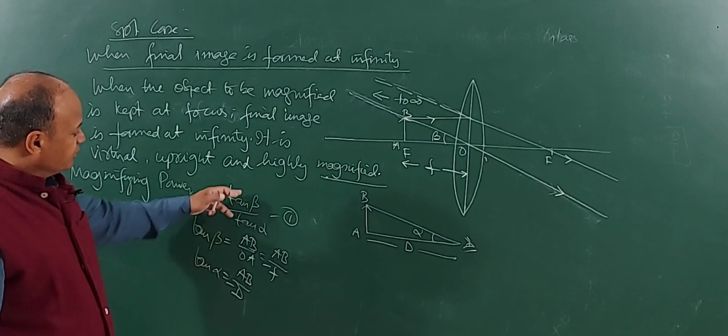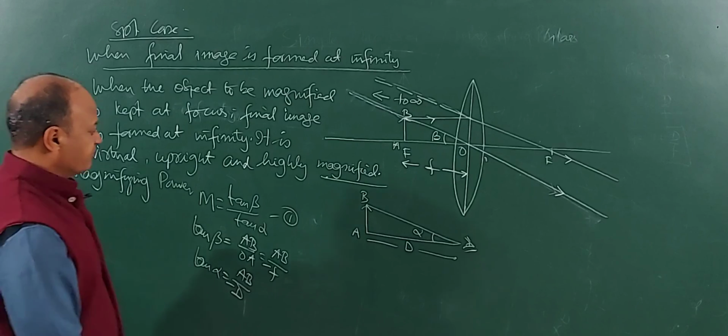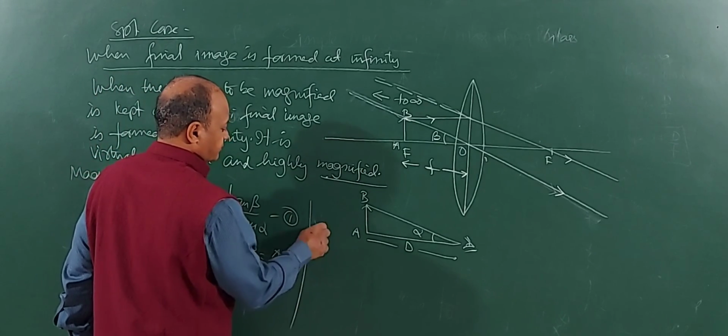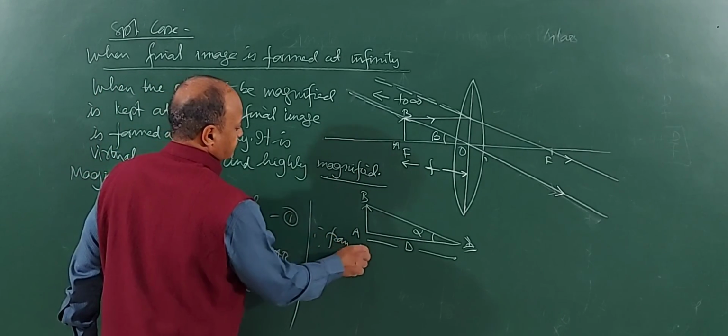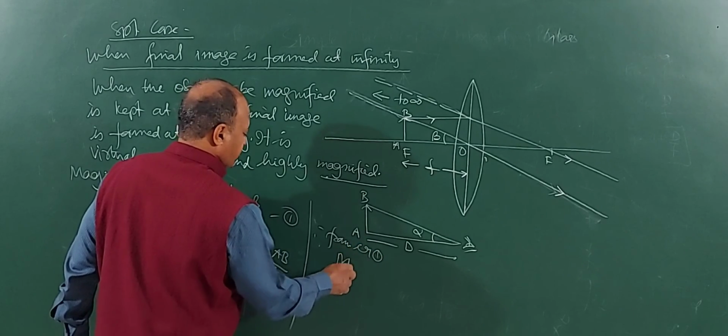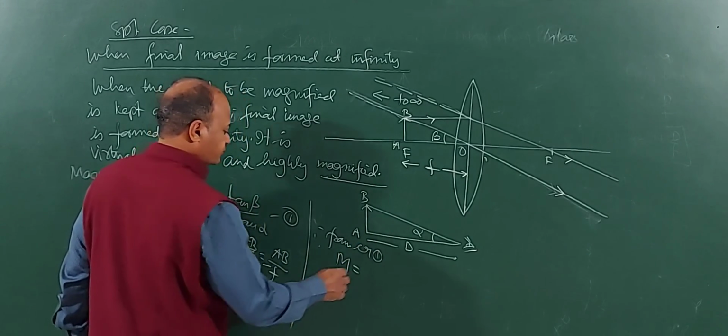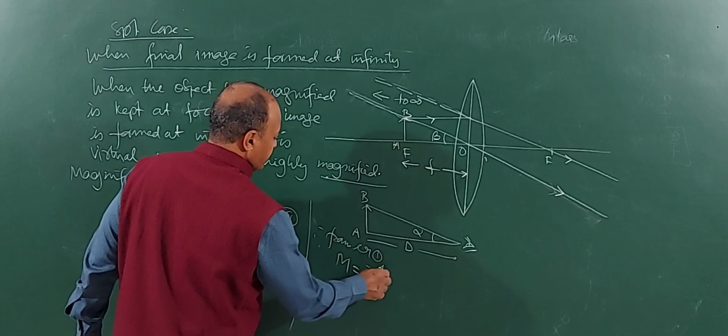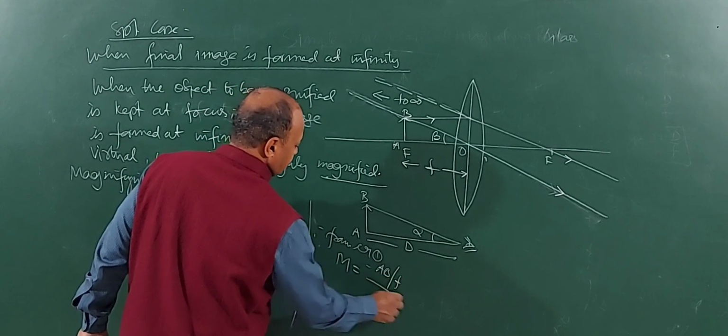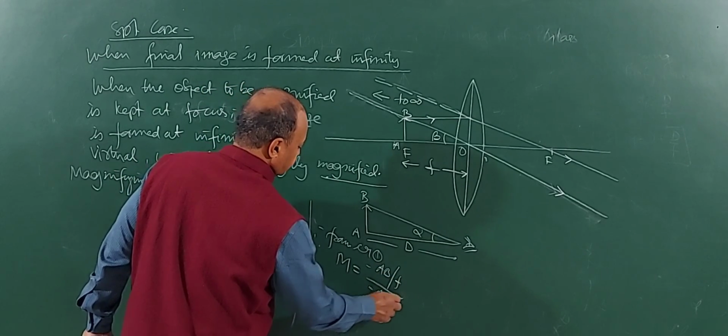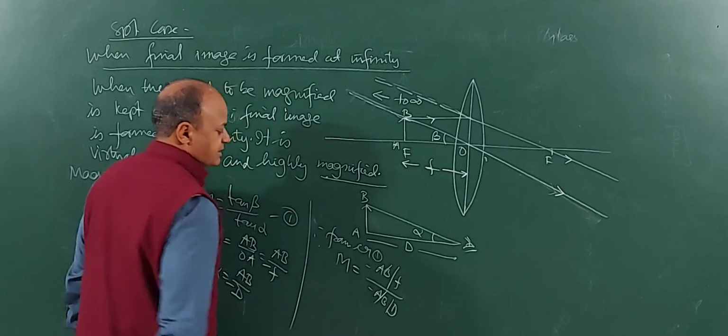If I put these values out here, therefore from equation 1, M will be equal to minus AB by F divided by minus AB by D. AB and AB will cancel out.